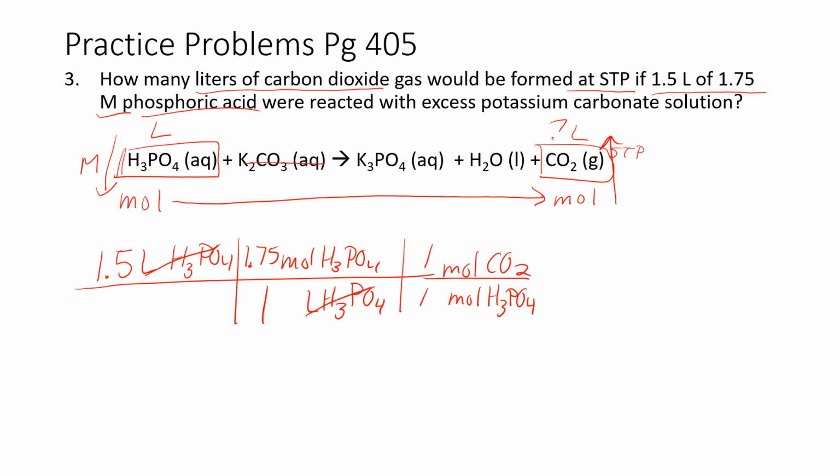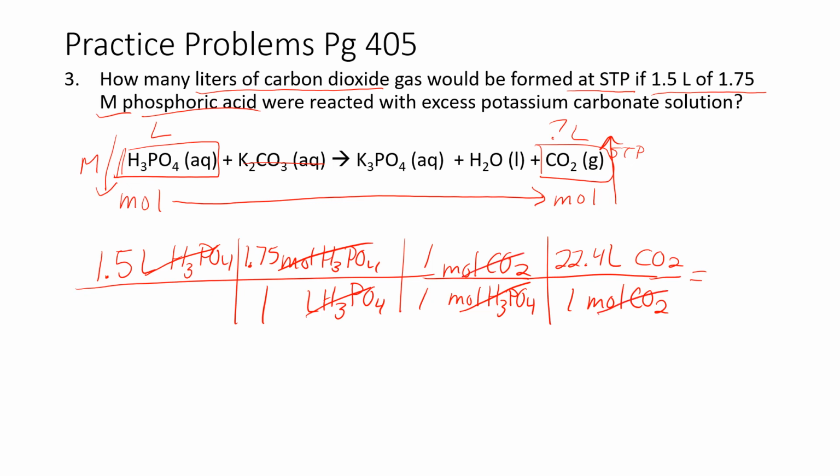And in this case, it's a 1-to-1 ratio, so that one's pretty straightforward. And that allows us to cancel the moles of phosphoric acid. We bring down our moles of carbon dioxide, and we want liters of carbon dioxide. We know that this is at STP, so we can say 22.4 liters per mole of carbon dioxide. Cancel out those units, and we can calculate.